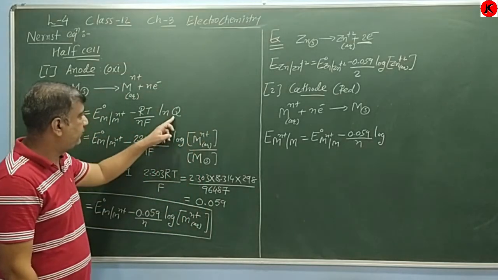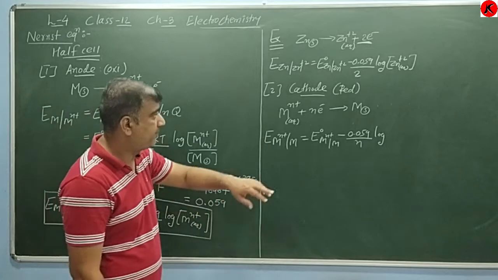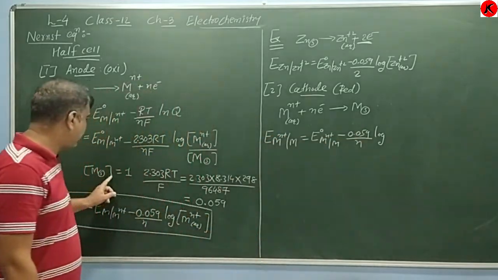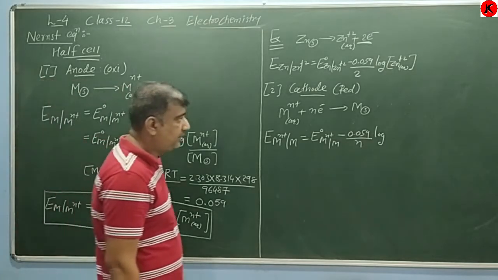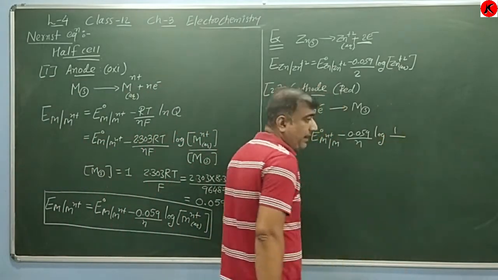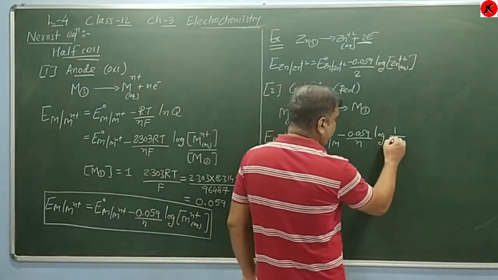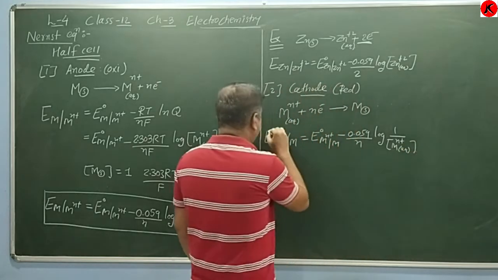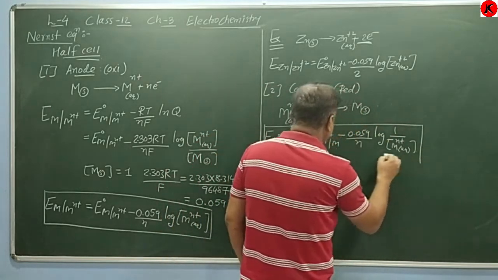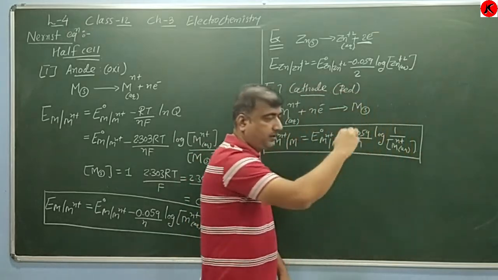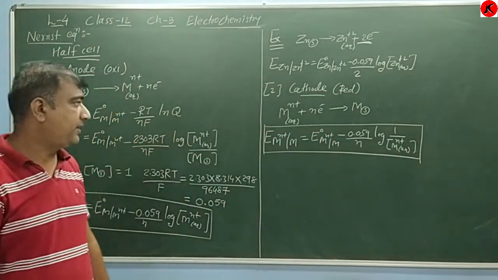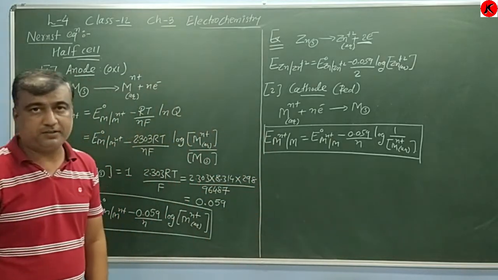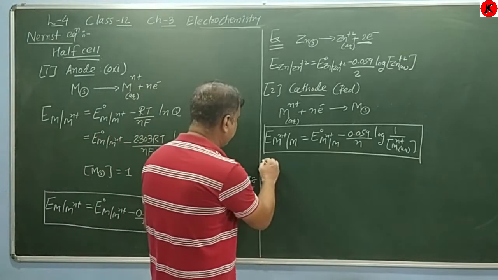Now M is solid, so its concentration is 1, giving 1 divided by the concentration of Mn+. So when the half cell acts as a cathode, by this equation we can calculate the half cell potential in non-standard conditions.